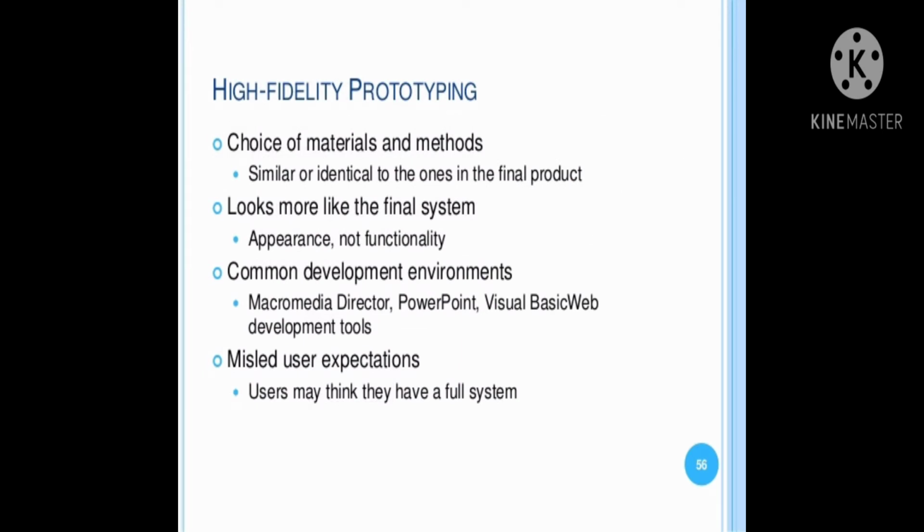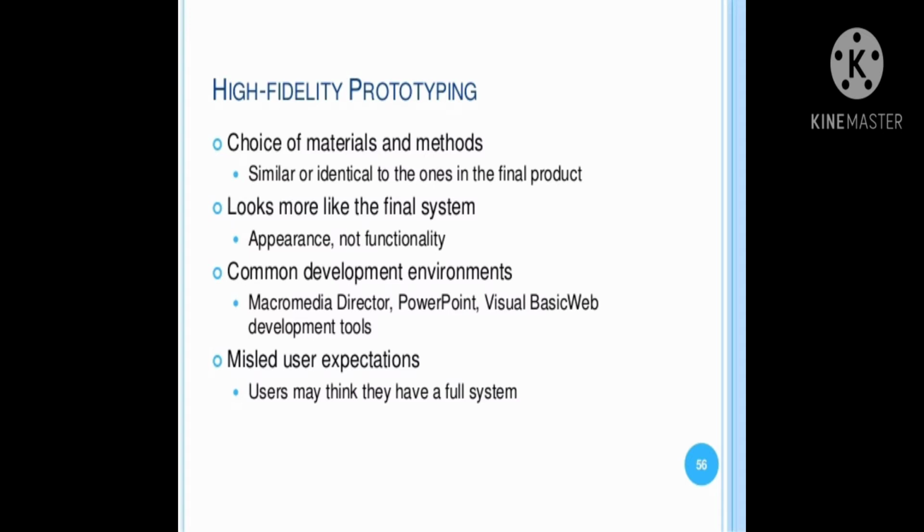High-fidelity prototyping. High-fidelity prototyping is a computer-based interactive representation of a product in its closest resemblance to the final design in terms of details and functionality. The choice of materials and methods is similar or identical to the final product, looking more like the final system in appearance and functionality.